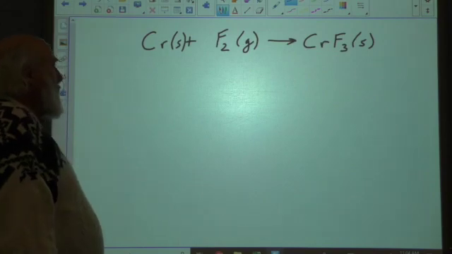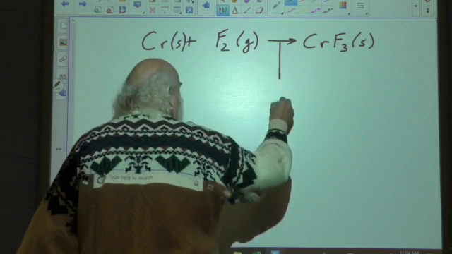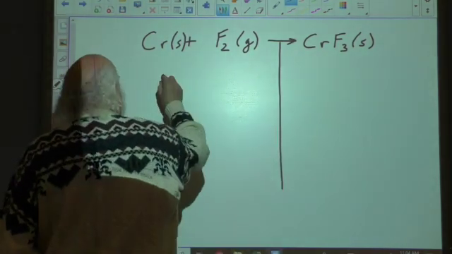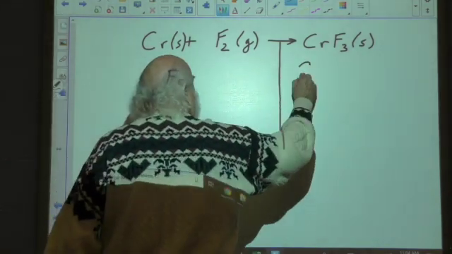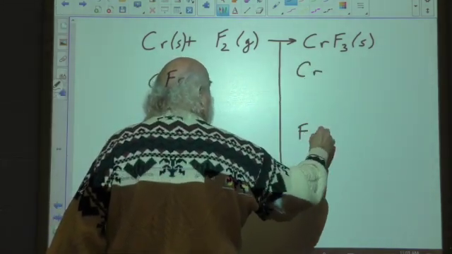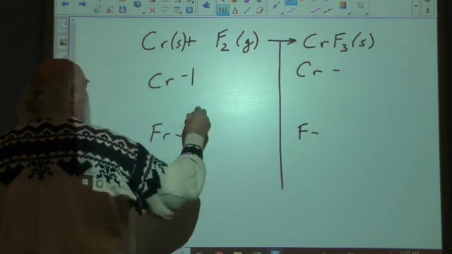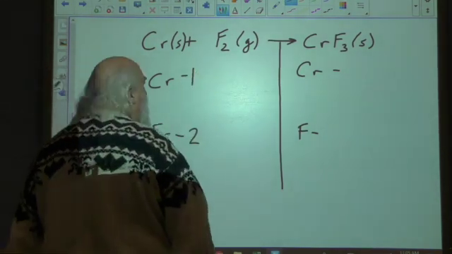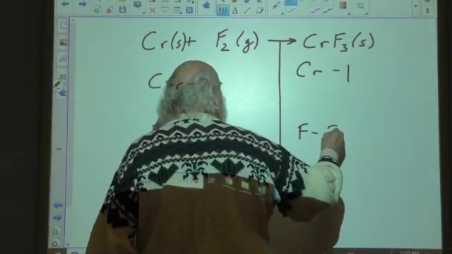All right, so again, we identify the elements on both sides of the arrow. We'll draw a line between the arrow. We have chromium and fluorine on both sides. We have 1 chromium here, 2 fluorines here, 1 chromium here, and 3 fluorines here.